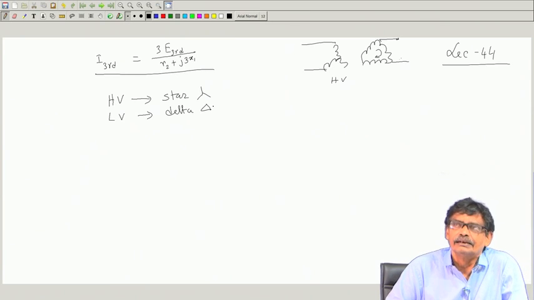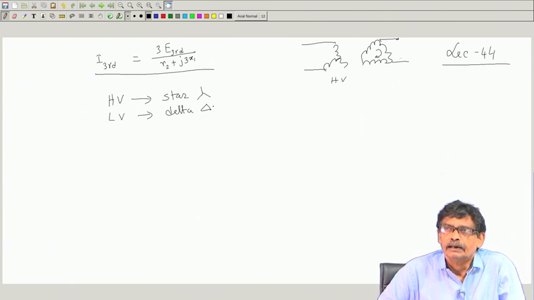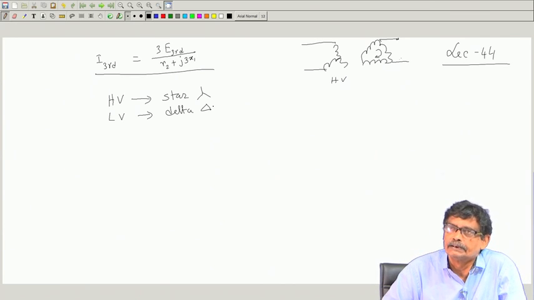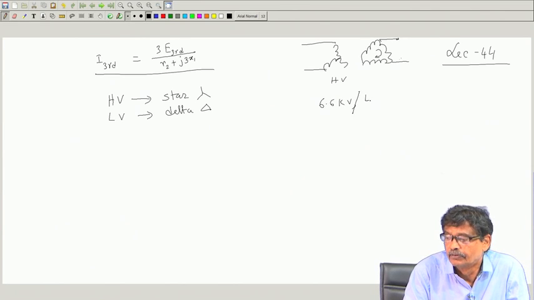But this is not all. In fact, there are situations where other reasons will override this, that is, maybe the low voltage side is star and the primary side is delta. For example, a distribution transformer, typical rating is 6.6 kV and 440 volt.